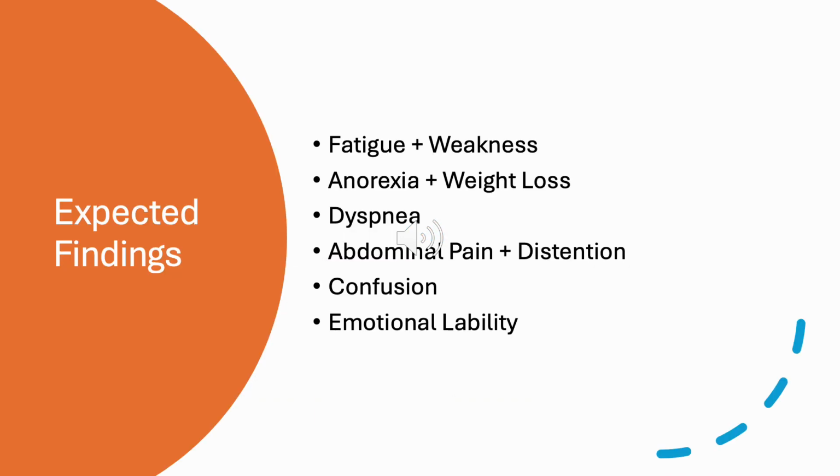So expect people with cirrhosis to have fatigue and weakness, anorexia, which results in weight loss, dyspnea, because of where the liver is in their breathing, abdominal pain and distension, confusion, which I'll go into later, and emotional lability, which means depressed one minute, euphoric the next, okay? No telling what their mood's going to be like any time of the day. So those are some of the earliest findings.